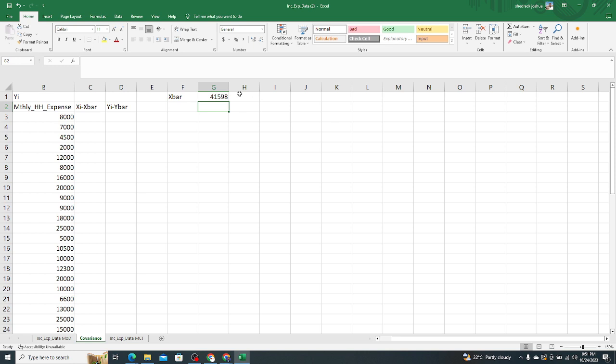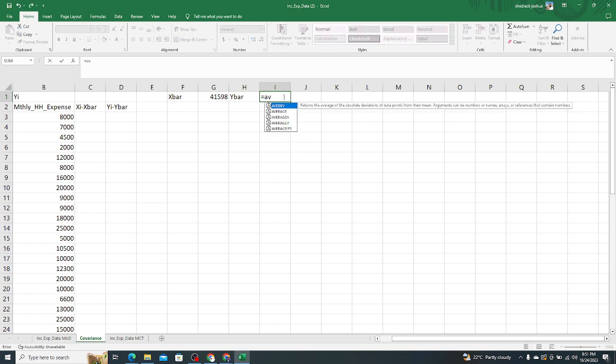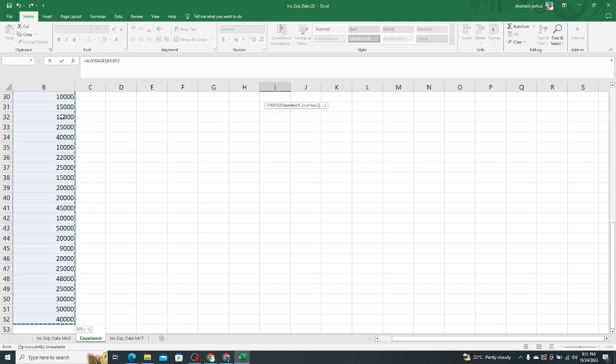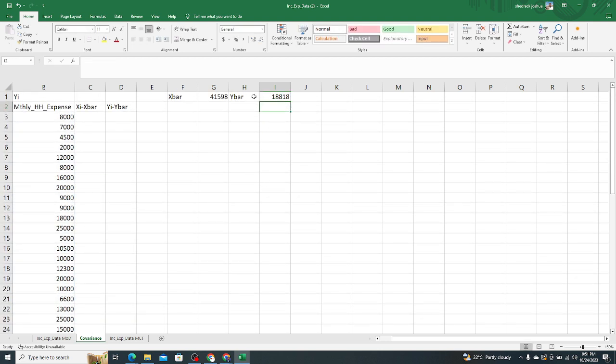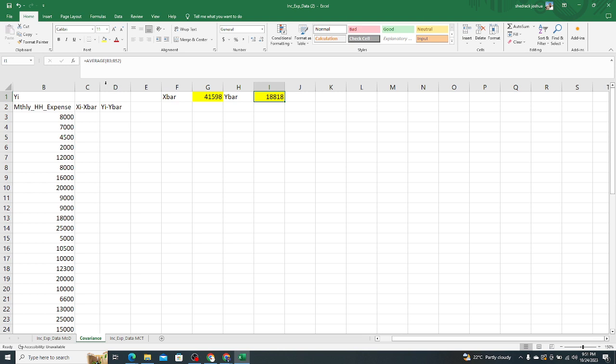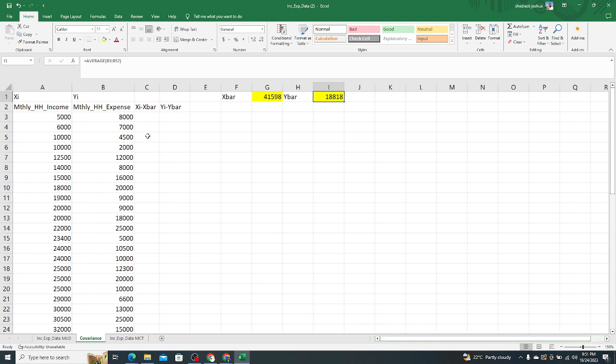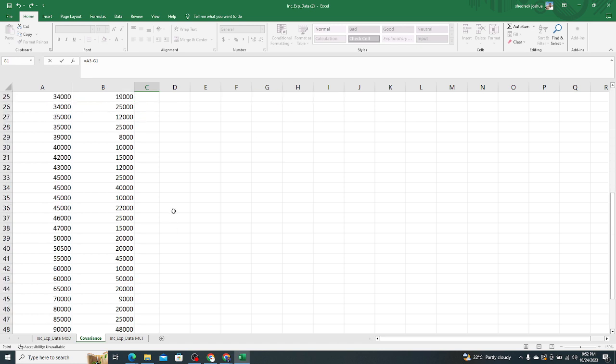Then our y bar will be equal to the average of our monthly expense. So this is our x bar, and this is our y bar. Meaning now we can compute this: our xi's minus our x bar, which is this one.